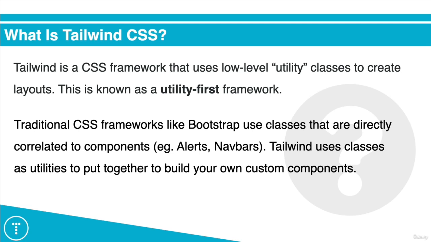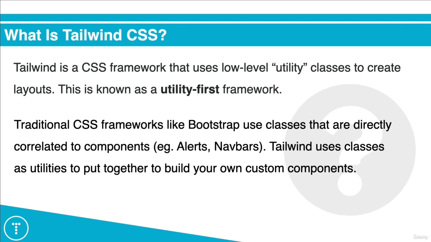So frameworks like Bootstrap give you a set of classes where many of them correlate directly to components like alerts, navbars, cards, etc., where Tailwind, on the other hand, gives you a huge set of utilities or utility classes to create your own custom components. So it's very unopinionated. There's no alert class with a predefined design or anything like that.